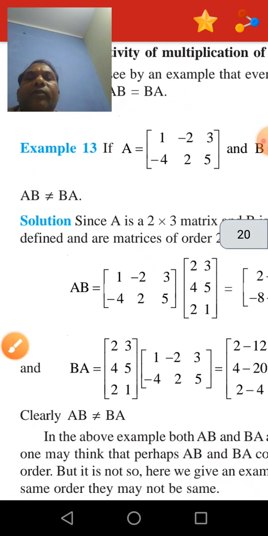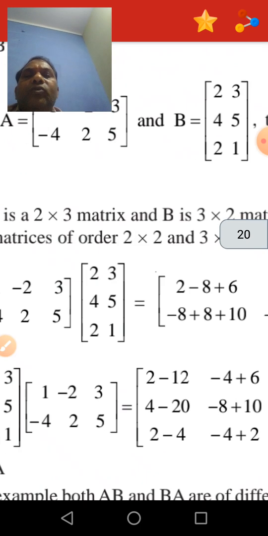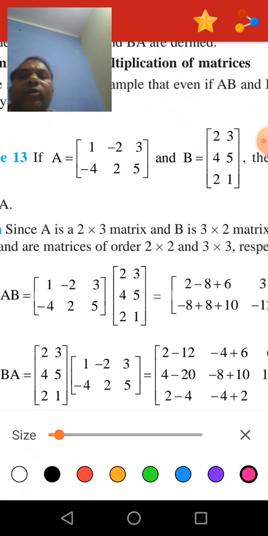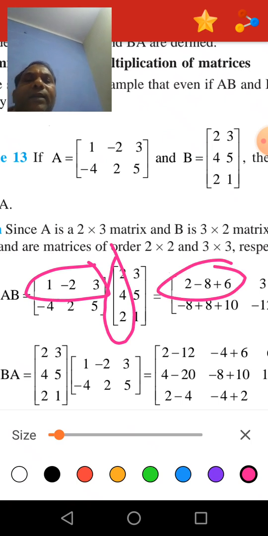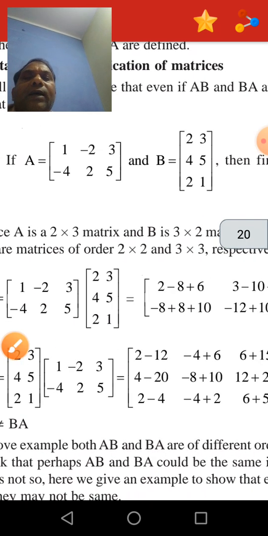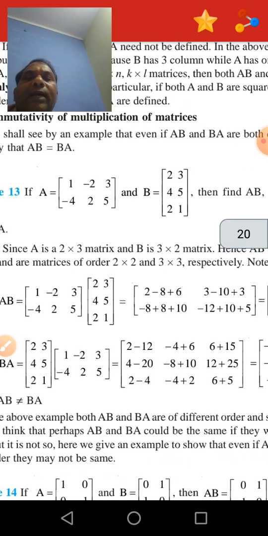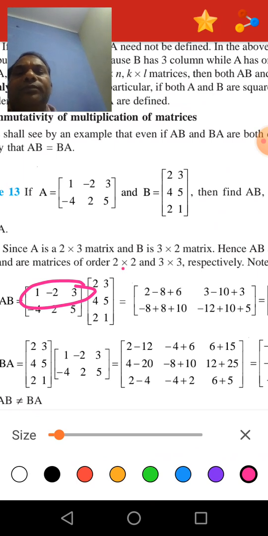Now firstly find AB. To find AB, you have to multiply corresponding elements of the first row with the corresponding elements of the first column of matrix B. Clear? Then the corresponding elements of the first row with the corresponding elements of the second column.